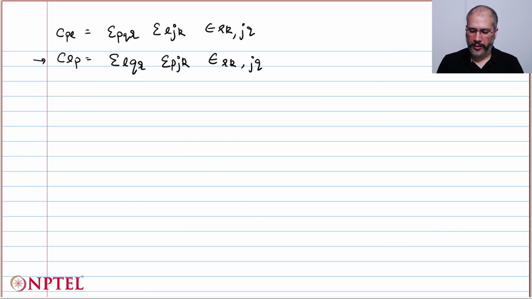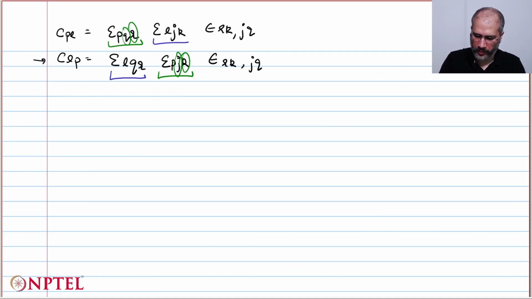So now we'll do some index manipulation, because I want to make this the same as this. So the indices J and K have to be made Q and R, and the first epsilon in the second has to become the second epsilon in the first. So I have to replace Q and R with a J and a K. And since all these are repeated indices, I can do that.